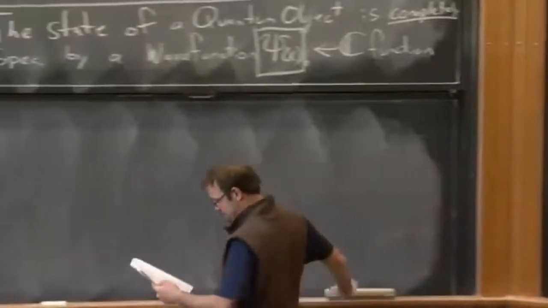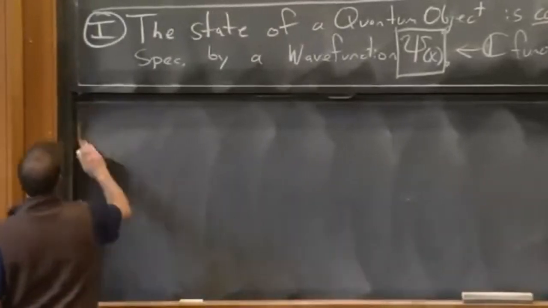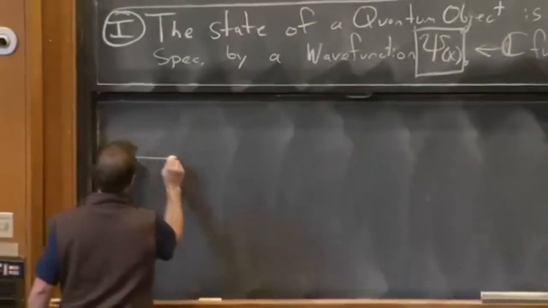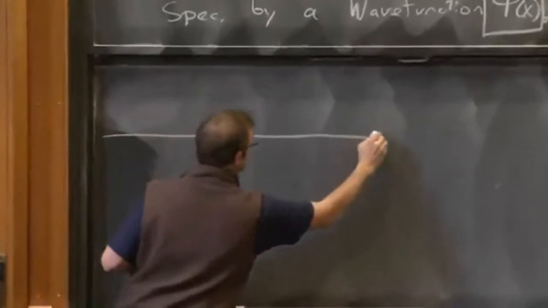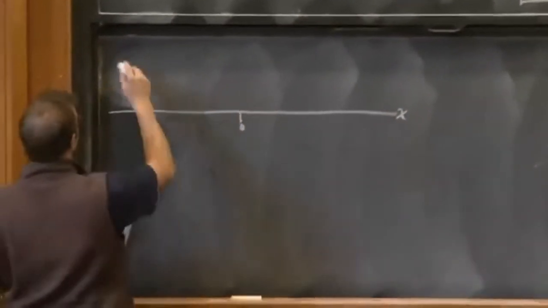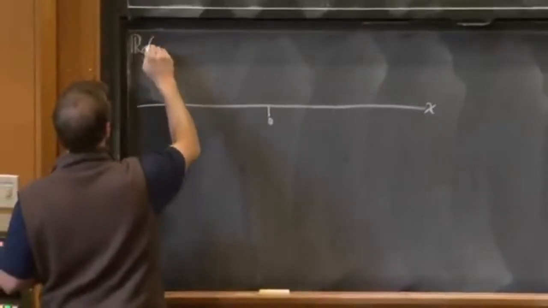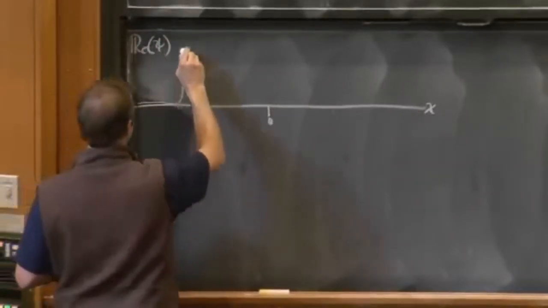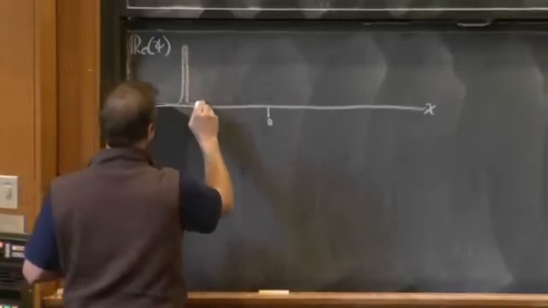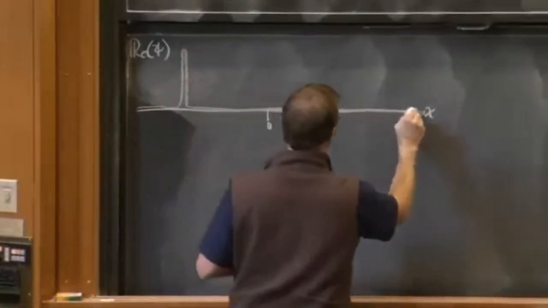So for example, consider the following function. Here is 0, and we're plotting as a function of x the real part of psi of x. So first consider a very narrowly supported function.